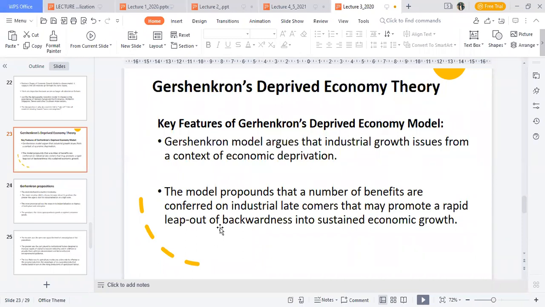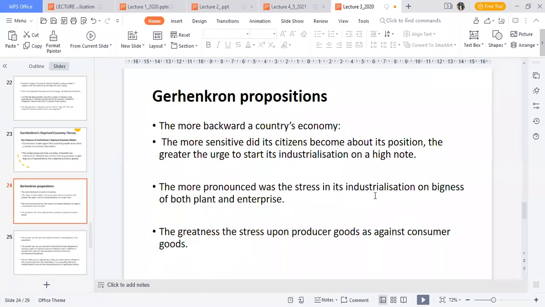So let's go through it. This model proposes that a number of benefits are conferred on industrial latecomers that may promote a rapid leap out of backwardness into sustained economic growth. So here, the more backward a country's economy is, the more sensitive the citizens become about its position, the greater the urge to start its industrialization on a higher note.